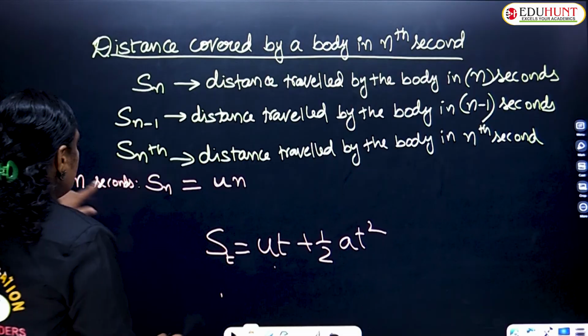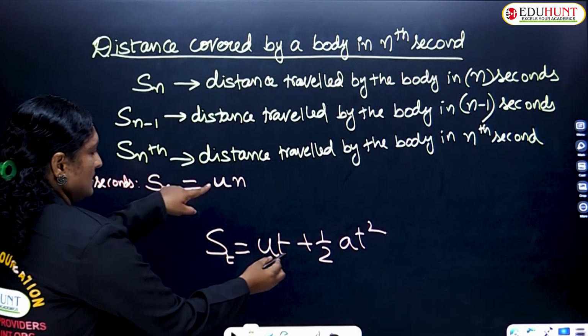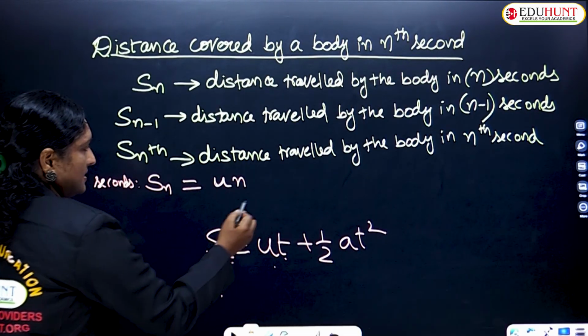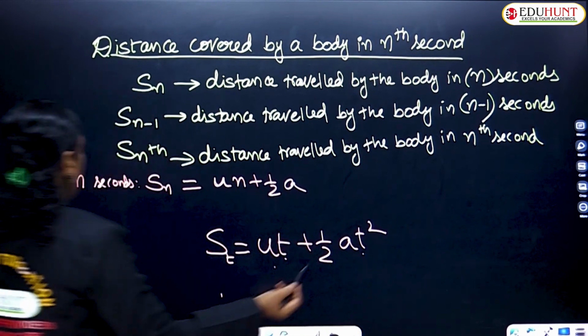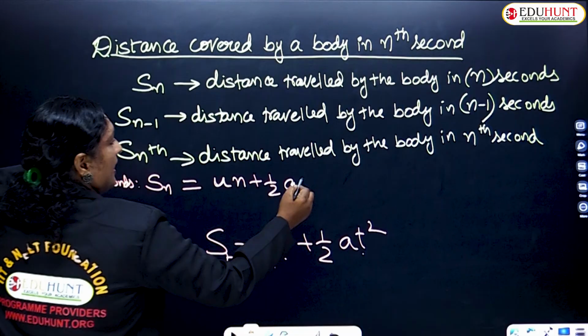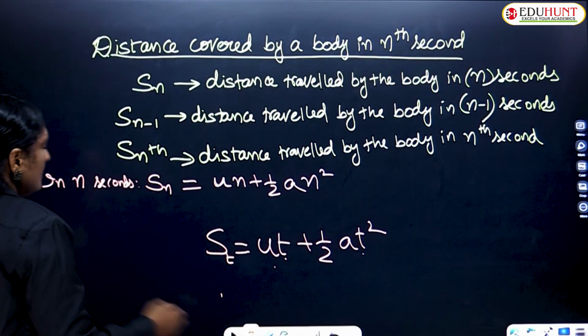So S equals, instead of t, I replace with n, un plus half a, and instead of t, I replace with n, n square.